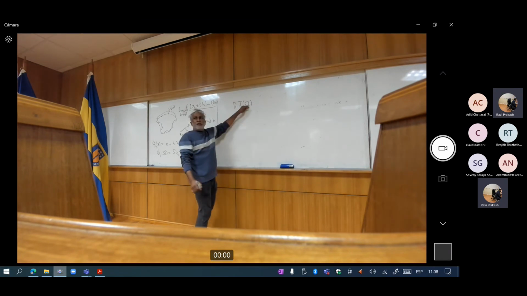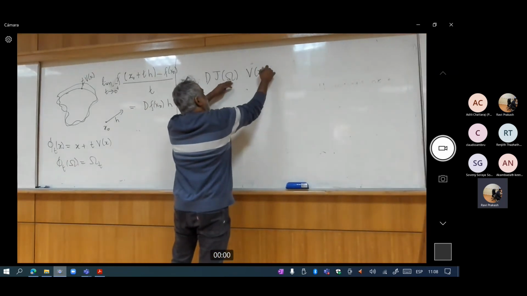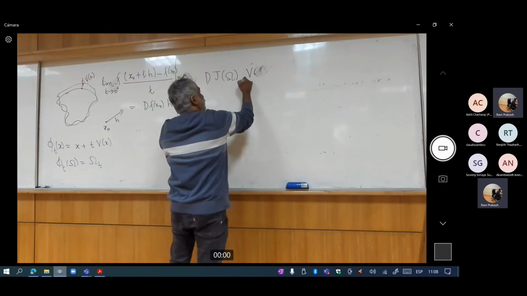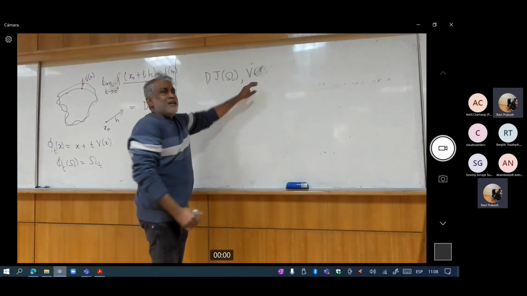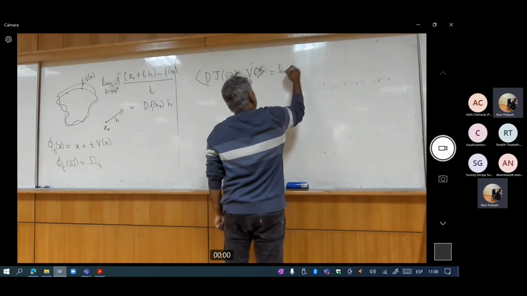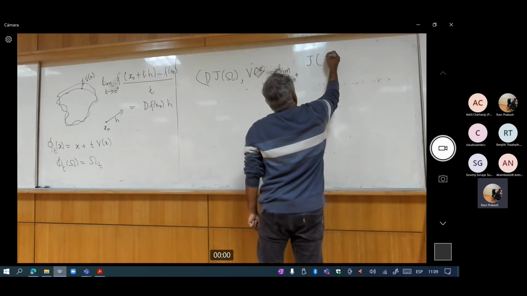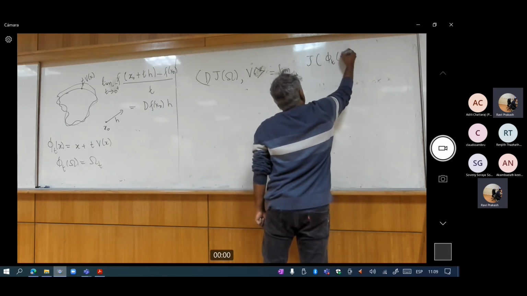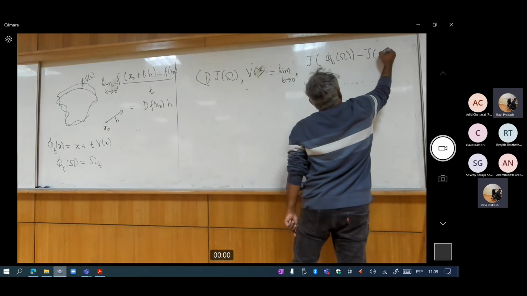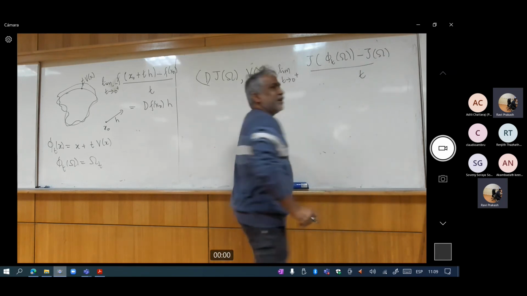Omega now is my point, a domain, in the direction of the vector field. This is a function now. Okay, by definition it is the limit as t tends to 0 plus of j of phi t of omega minus j of omega, divided by t, if this limit exists.